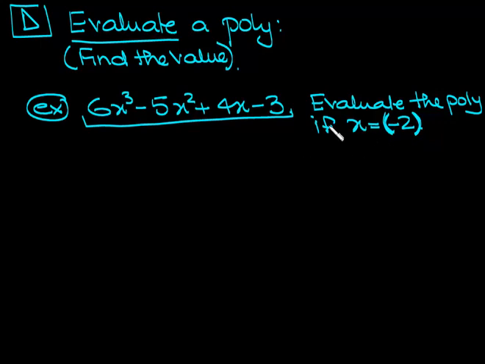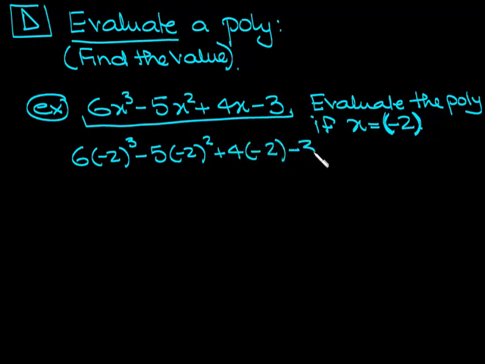So now I'm going to substitute this x into this expression and replace all the x's with parentheses negative 2. So I get 6 times (-2) cubed minus 5 times (-2) squared plus 4 times (-2) minus 3. If you recall from your early days of arithmetic, we always follow order of operations when you have a lot of choices in terms of operations to perform.